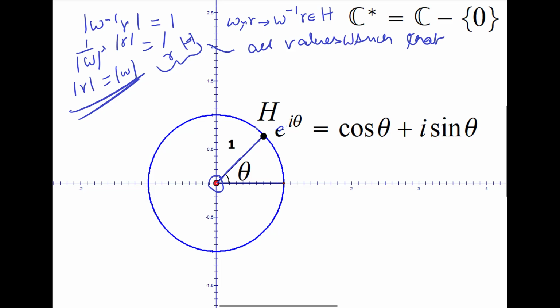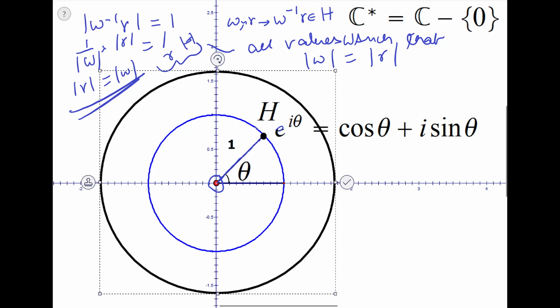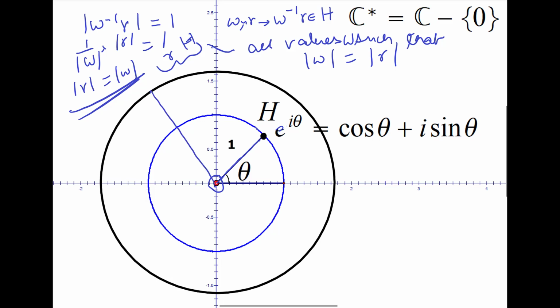All values omega such that the distance of omega from the origin is the modulus of r. So that will be the set of all the elements that are at a distance modulus of r from the origin, right?